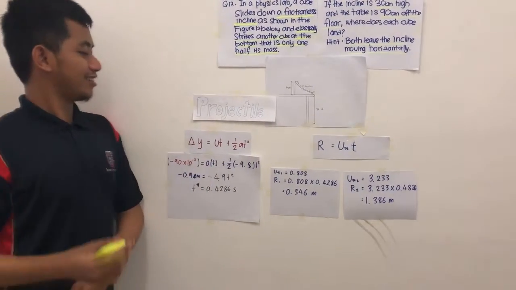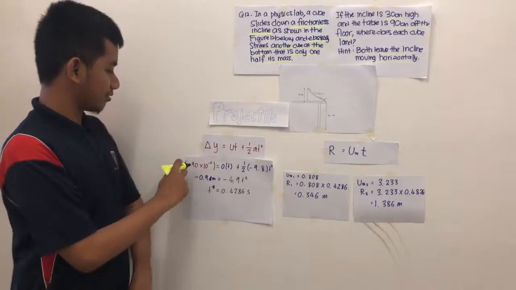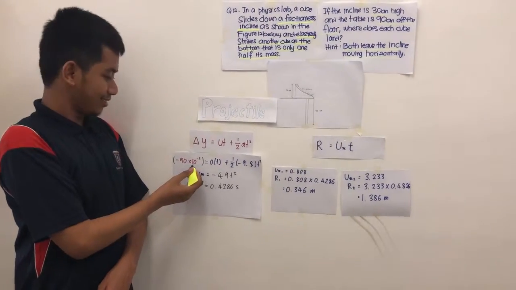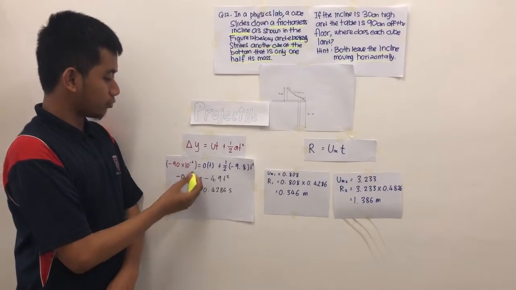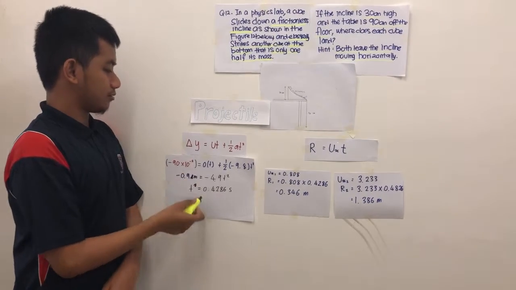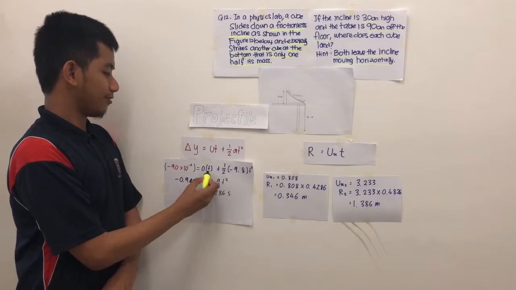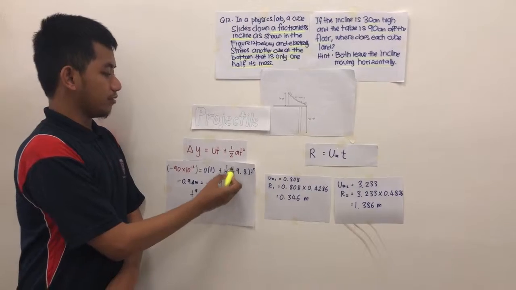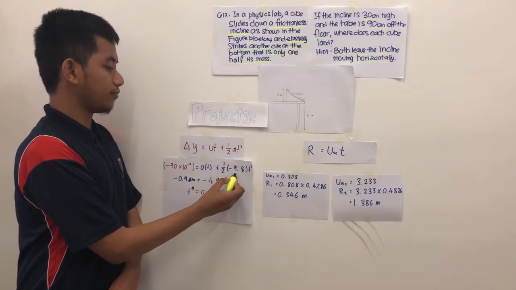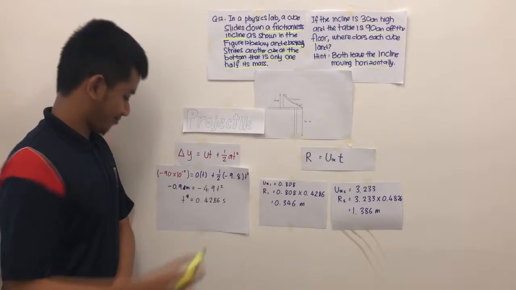From the question, y is negative 90 times 10 to the power of negative 2. The u value is 0 and the acceleration is negative 9.8.